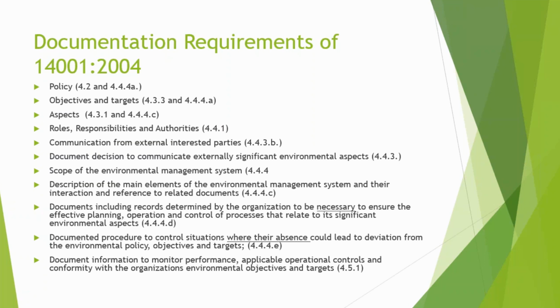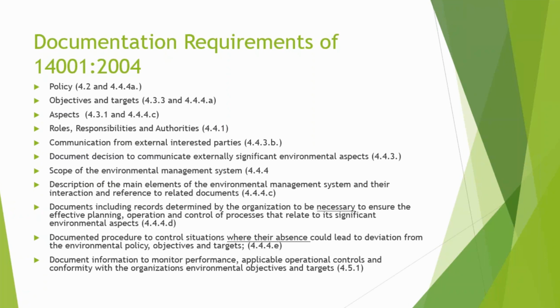There's a requirement that we have a documented policy, documented objectives and targets. We must document our aspects, the roles, responsibilities, and authorities for dealing with those aspects. We have to document any methods for communication with external interested parties.